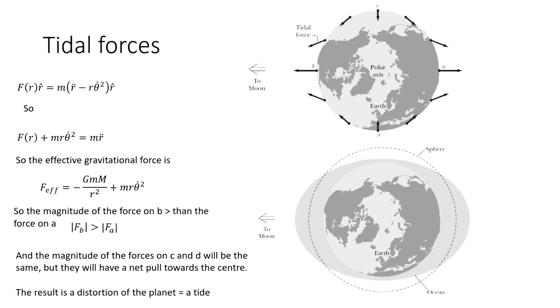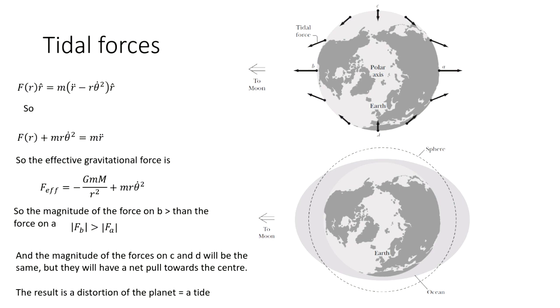So we can write the effective gravitational force as negative GMm over r squared plus m r theta dot squared. Remembering that negative GMm over r squared, the fact that it's negative means that it's attractive, right? But now this effective force has this positive term, so we have something that's actually repulsive, m r theta dot squared.